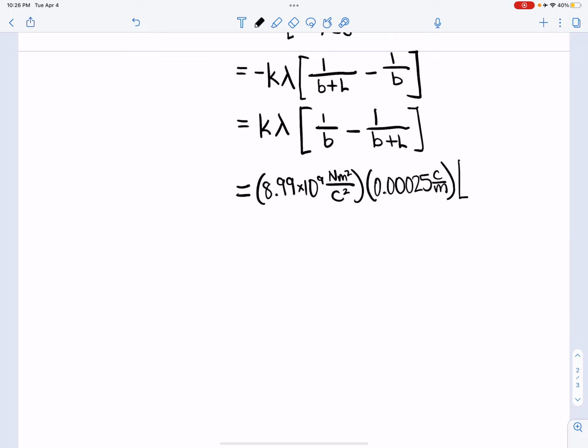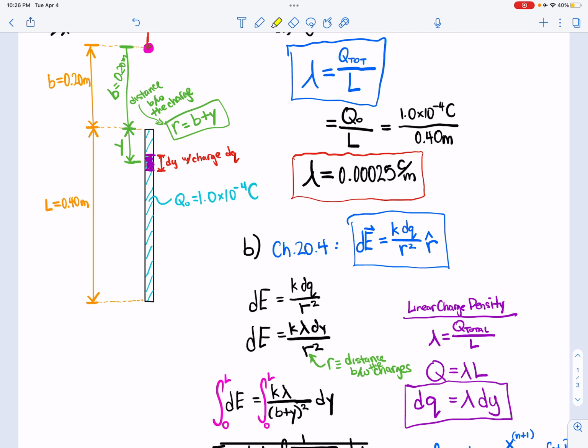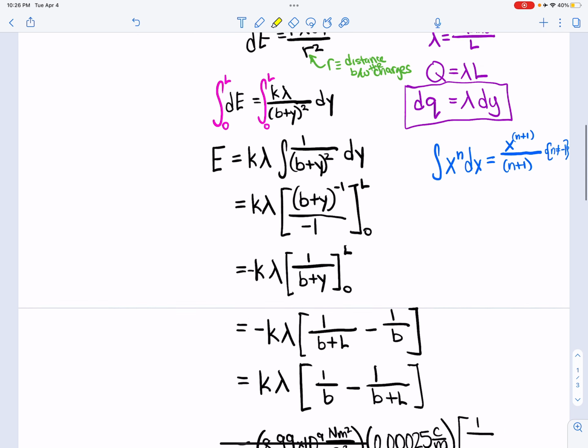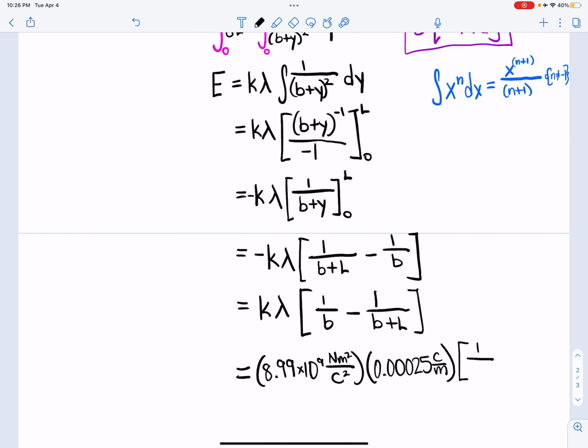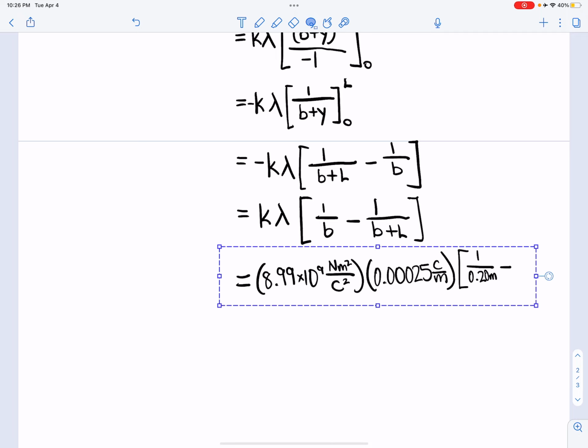And then we plug in 1 over b. It was given to us that b is 0.2 meters. So 1 over 0.2 meters, minus, I'm going to make this a little smaller because I'm running out of space.